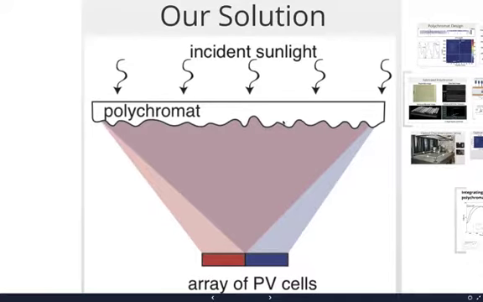It's kind of like a prism, but it's flat as opposed to a prism being fairly bulky, because it works by what's called diffraction, and we call it a polychromat. It takes the red portion of sunlight, just a cartoon, of course, on the left-hand side, the blue portion on the right-hand side, and then we put two different solar cells to absorb them more efficiently.